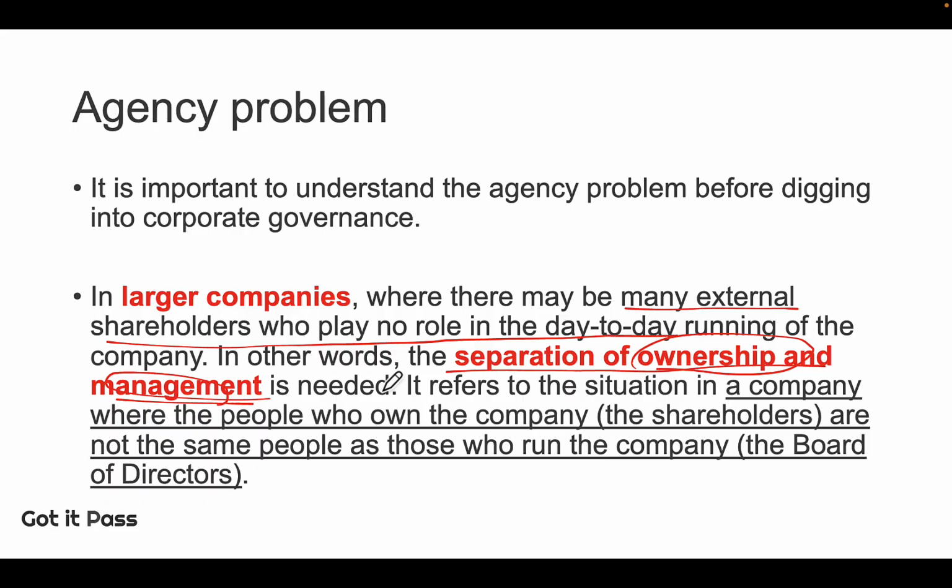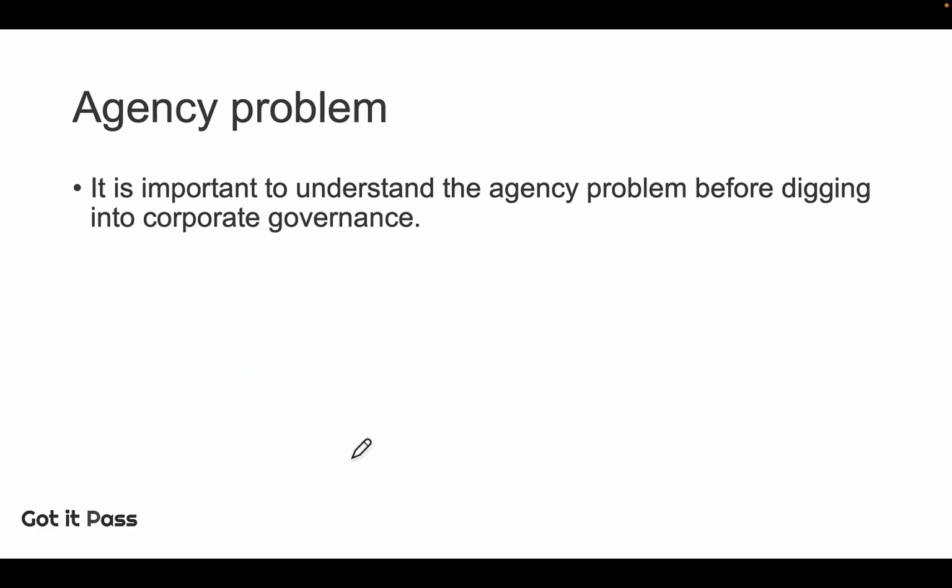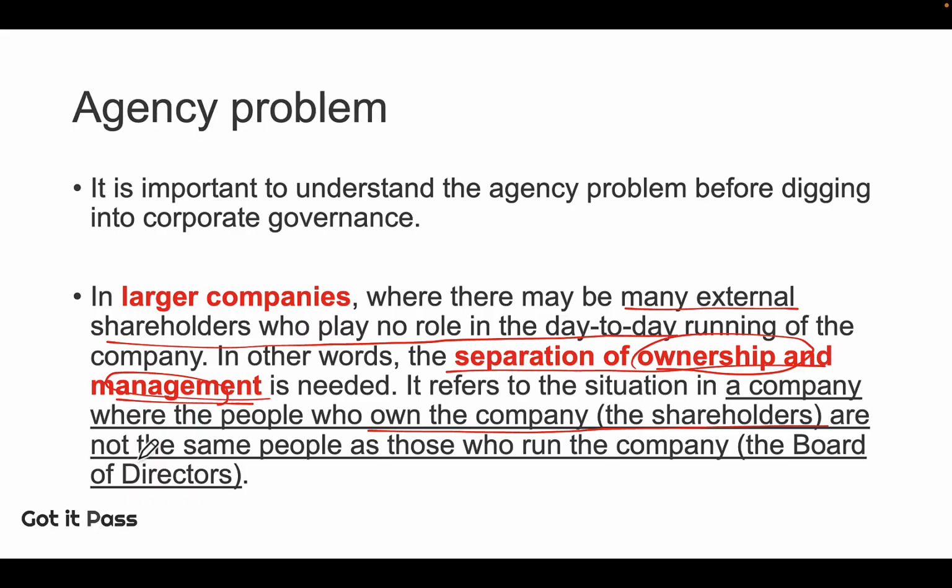For a larger company, separation of ownership and management refers to the situation in the company where the people who own the company, that is the shareholders, are not the same as those who run the company, the board of directors.